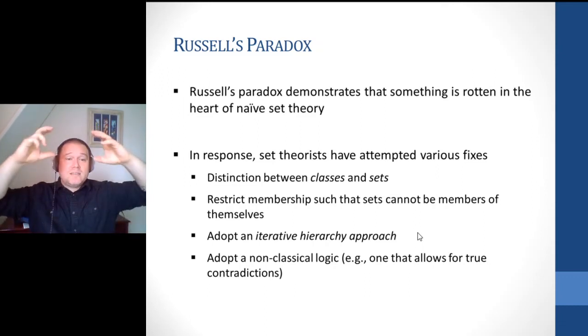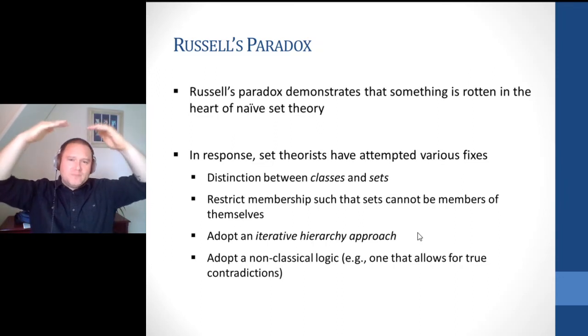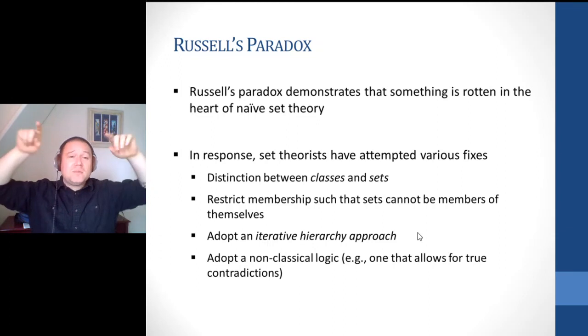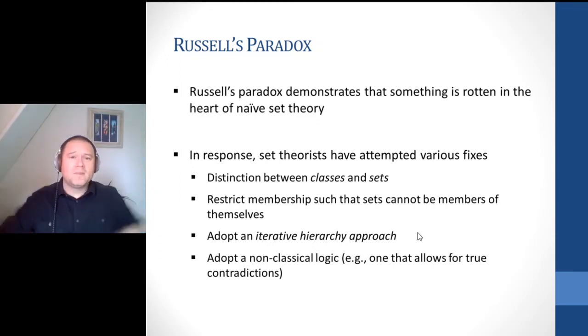This gives us the next layer up. And once we have that, we can apply our set theoretic machinery to everything below that to give us the next layer up. Now, by adopting this kind of hierarchical approach, you're not really allowed to apply the machinery to a set that you're constructing as you go. And this is a good approach. It works very nicely in lots of cases. There are some really interesting mathematical justifications for buying into it. It runs into its own problems. It's a neat option.